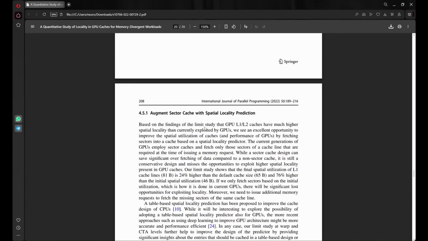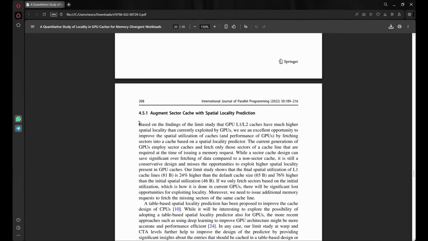So what they're trying to say is that if we were able to predict spatial locality for a certain application, we'd then be able to change this protocol of demand-based sector fetching or cache line fetching, to change the amount of data brought in based on the application's exhibited or predicted spatial locality.